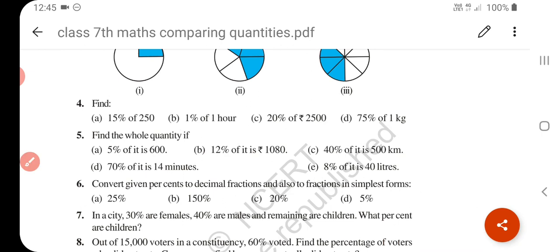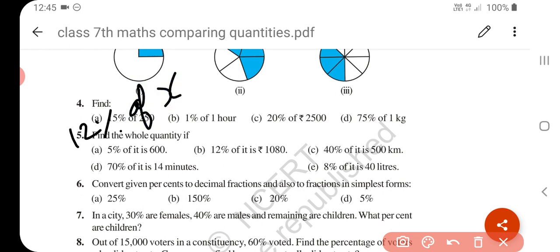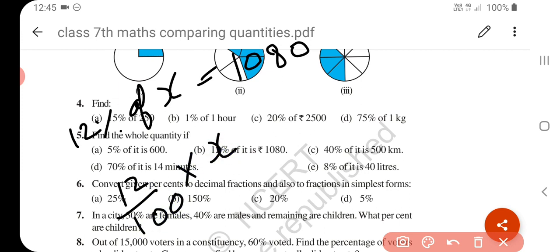Understand? Now the second one says 12% of it is 1080. So suppose the required quantity is x, and we know 12% of x is rupees 1080. So it becomes 12 upon 100 into x is equal to 1080.